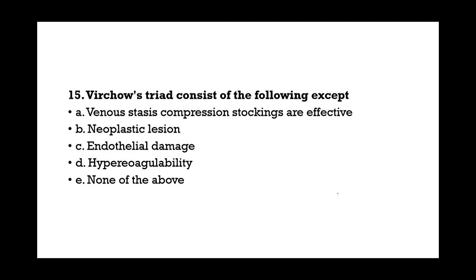Neoplastic lesion is not part of the triad we mentioned earlier. Endothelial damage, correct. Hypercoagulability, correct. None of the above. We said the triad consists of venous stasis, hypercoagulability, and endothelial damage. So the answer here is B.